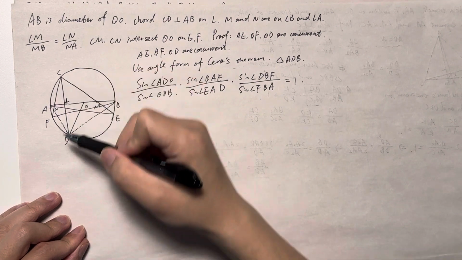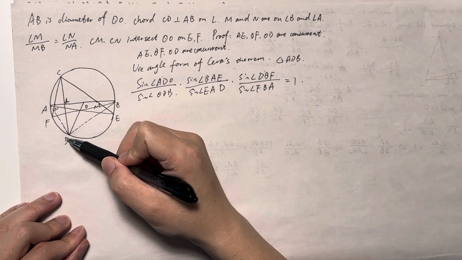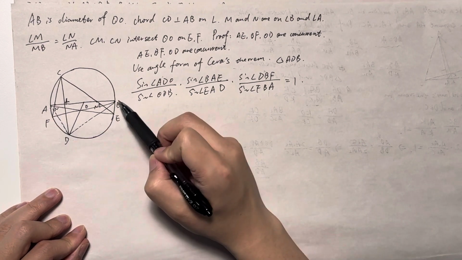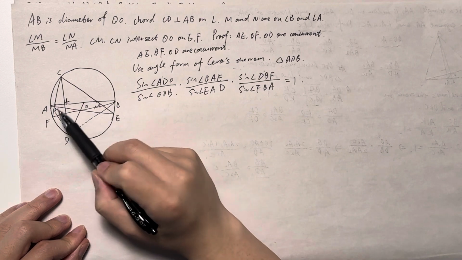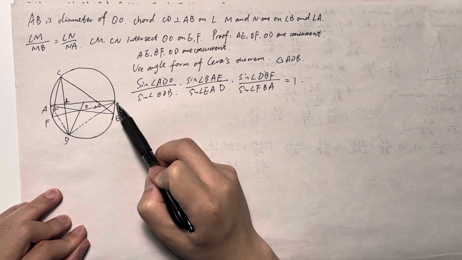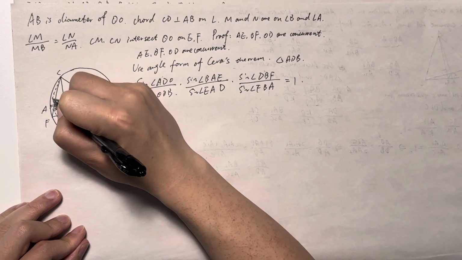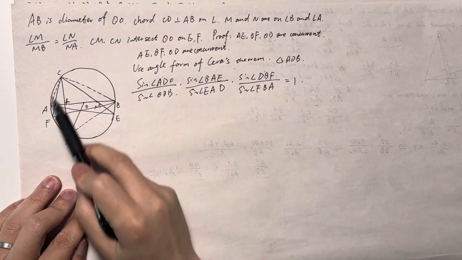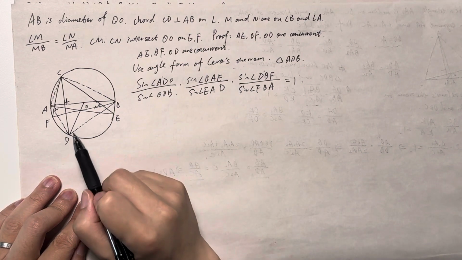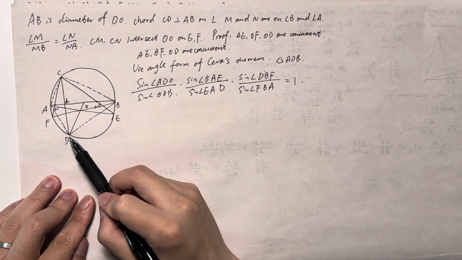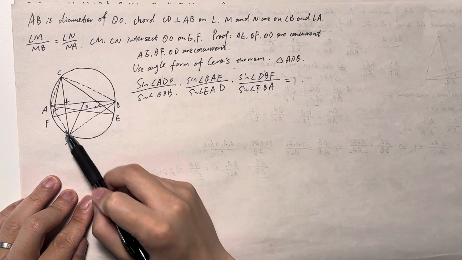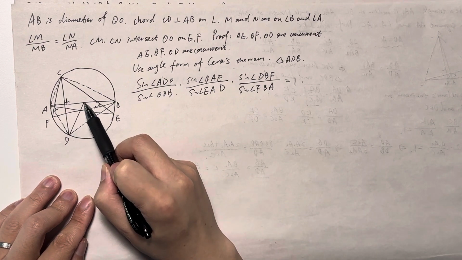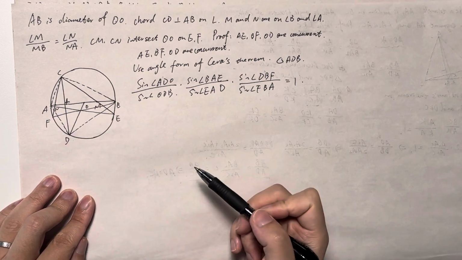And because CD is a chord that's perpendicular to the diameter AB, the bottom half, triangle ADB, is actually congruent with the triangle on the upper side, ACB, which means that we can transfer the angle ADO to the angle OAD, and eventually it equals the angle OAC.